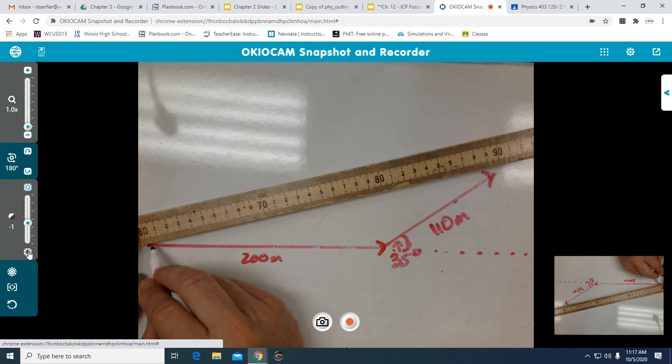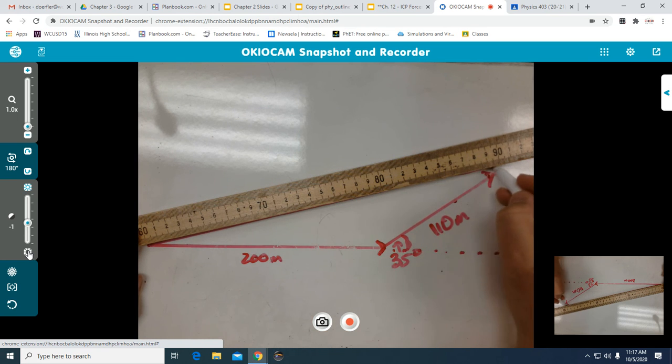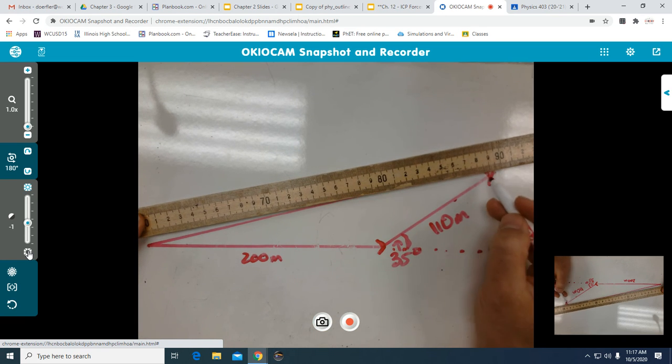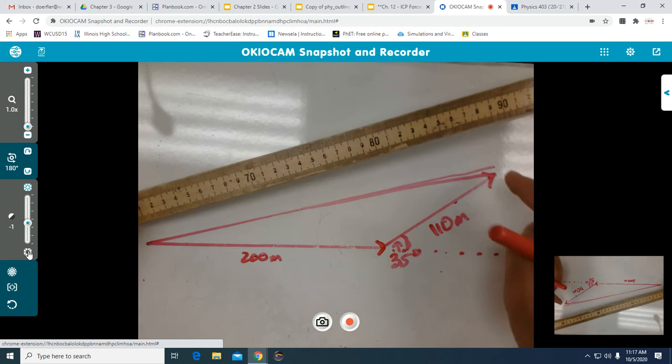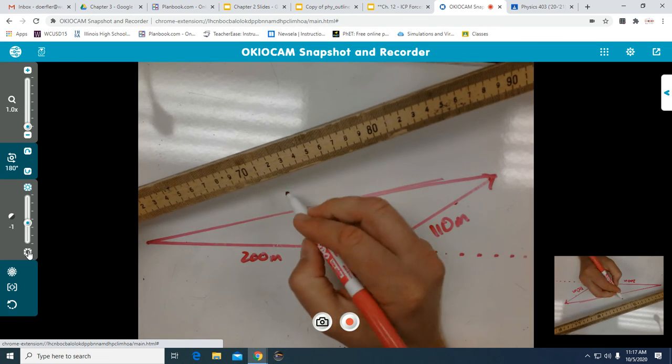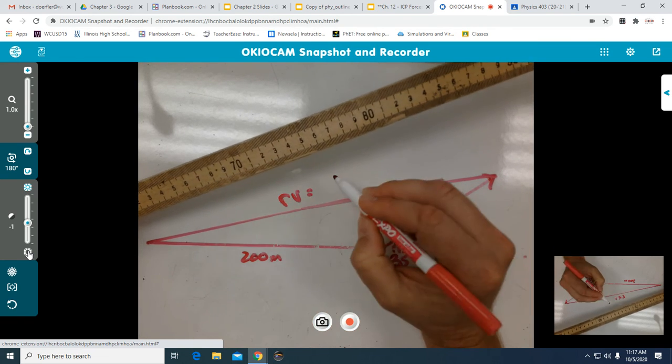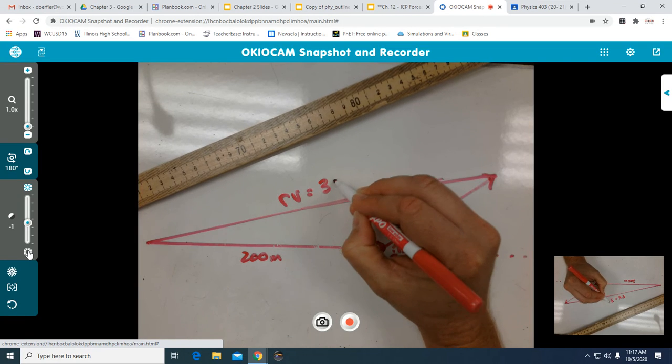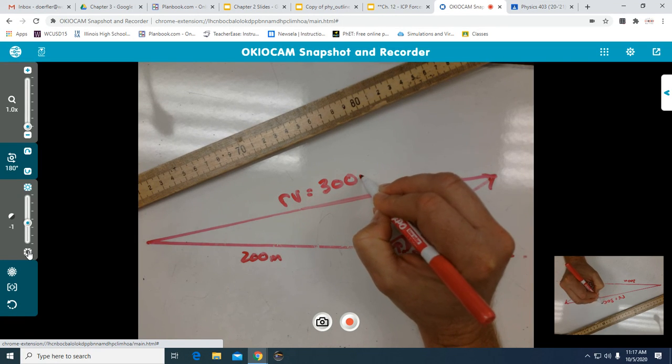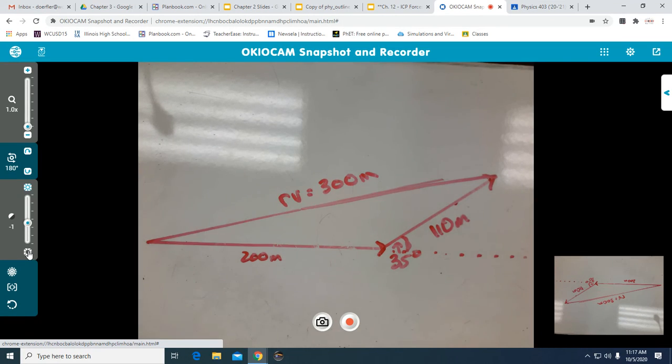So the resultant vector, RV, will be 300 meters.